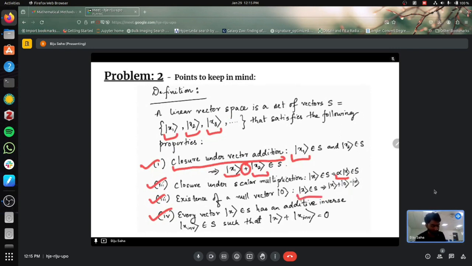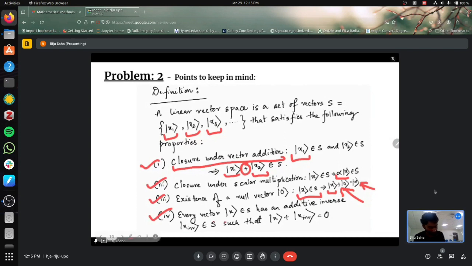So you picked up an arbitrary vector and you performed an addition operation with some vector which is known as the null vector, and if you get back the same vector x which you originally started with, then that element is called the null vector, and it can't be any arbitrary element. It also has to lie in this set itself. So that says that yes, there is a null vector lying in this set.